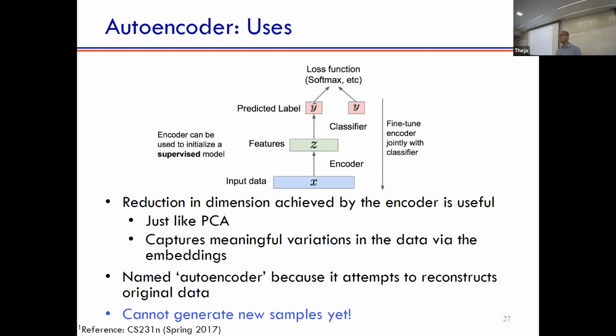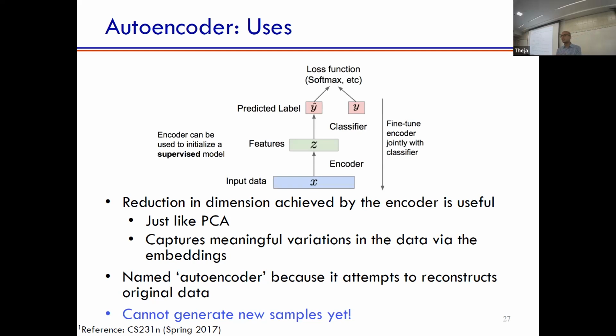It could be completely different. It's just because we're only focusing on reconstruction error, so it's not as constrained as you would want to be able to represent similar data in similar spaces and so on. Okay, so this is one issue.